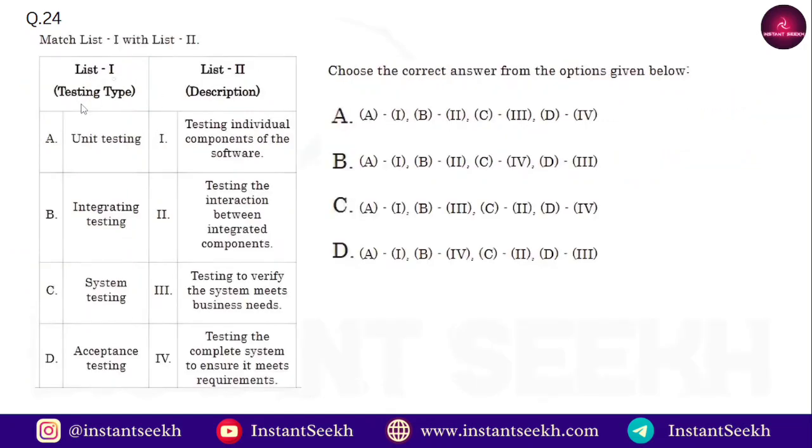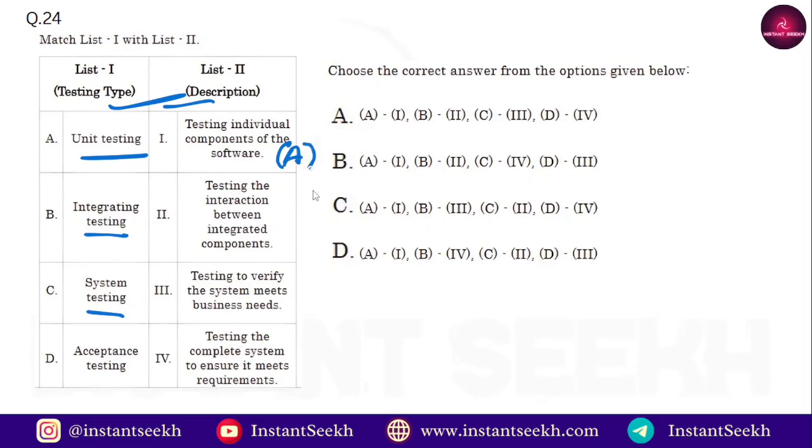Now testing types and their descriptions: unit testing, integration testing, system testing, acceptance testing. At least a minimum of two you should know to apply the elimination process. Unit testing is basically where we are testing the individual components, so this straight away goes for the first one.